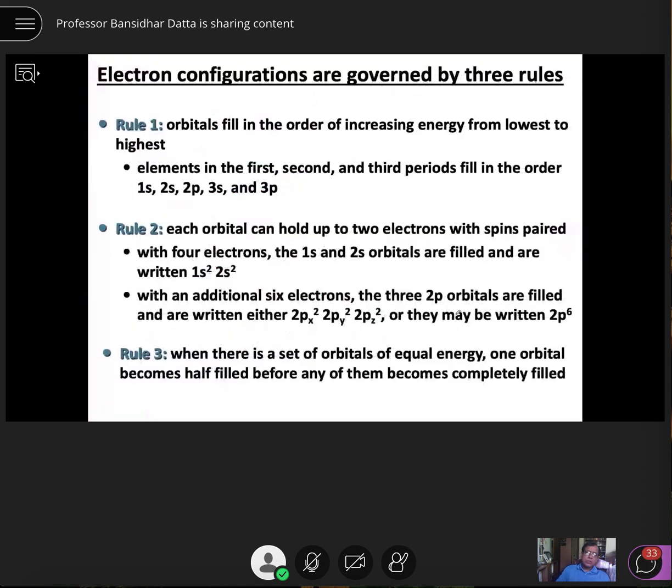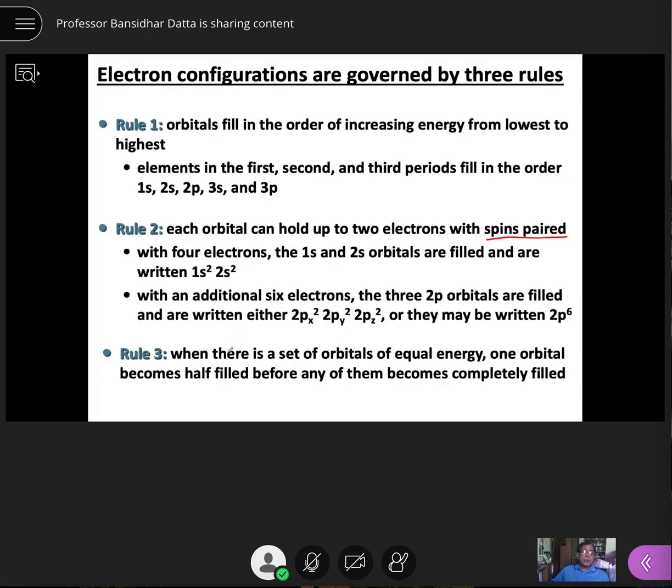All right. So these are rules number 1, 2, and 3. I already showed you. You do not have to write it. If you already wrote it, then they're all there. Orbitals fill in the order of increasing energy: 1s, 2s, 2p, 3s, and 3p. That we saw. Each orbital can have 2 electrons spin paired. That we also saw, right?